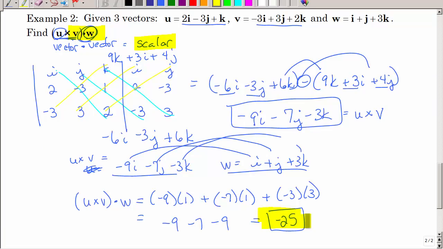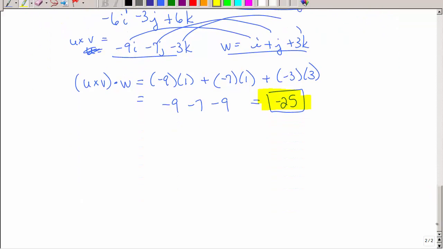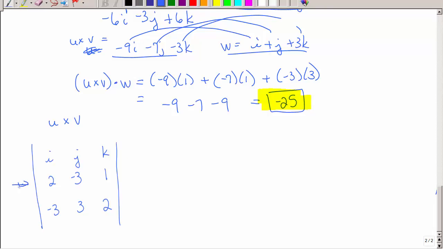Now, if you want to see that cross product with determinants, let's do that. If you want to see the u cross v using the determinants, all right, so we set it up the same way. Set up your ijk. Your first row has the components of u, the next row components of v. So we have i times its determinant minus j times its determinant plus k times its determinant.